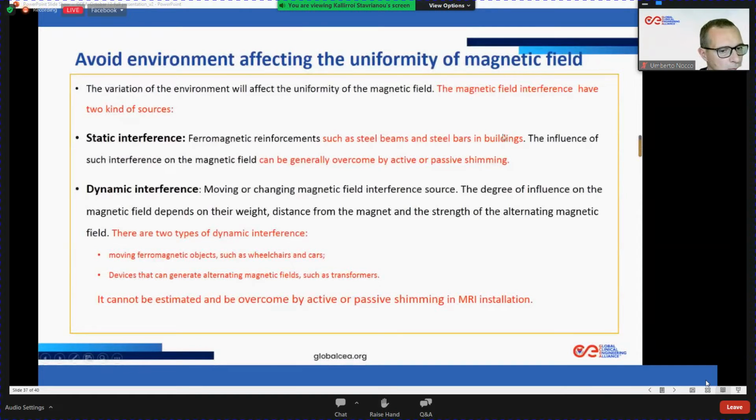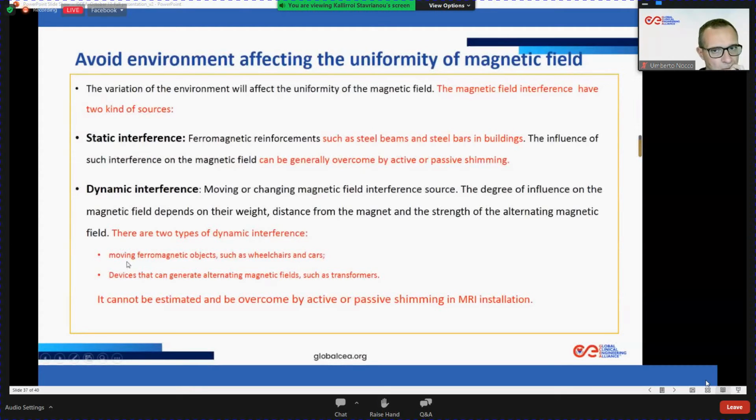The magnetic field interference has two kinds. One is static interference, such as steel bars and steel in the building. It can generally be overcome by active or passive shielding. Another kind is dynamic interference. There are two types of dynamic interference.